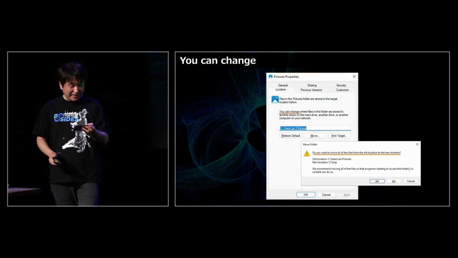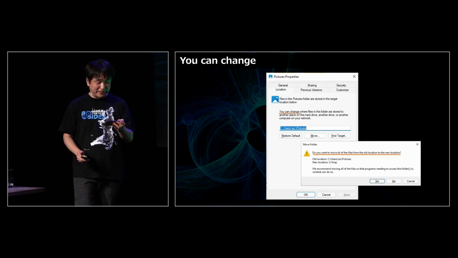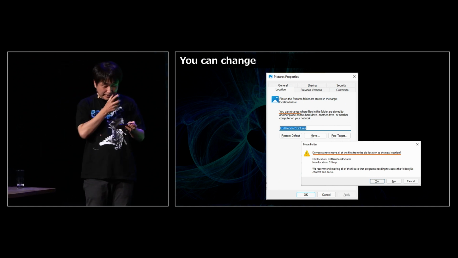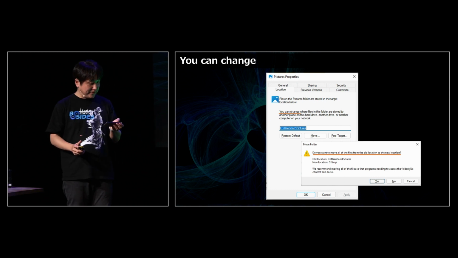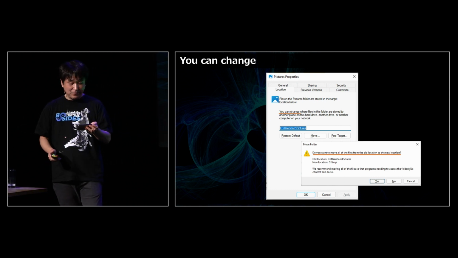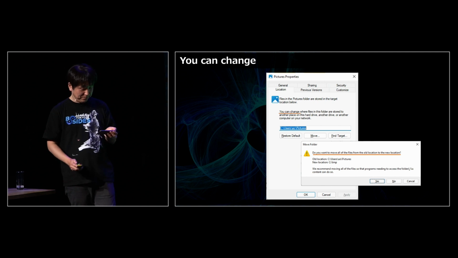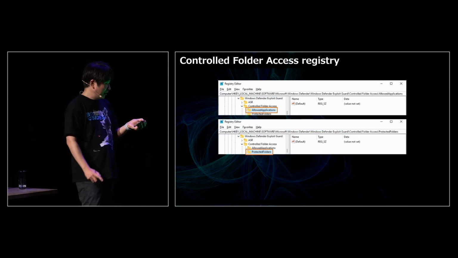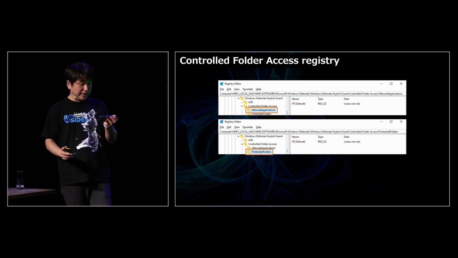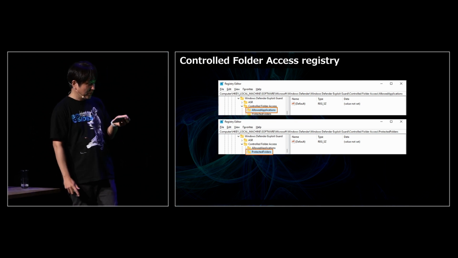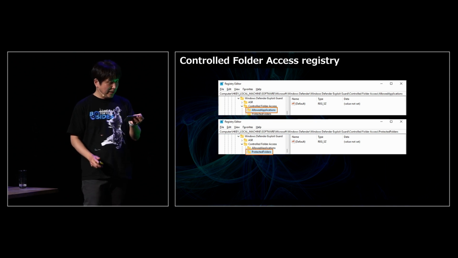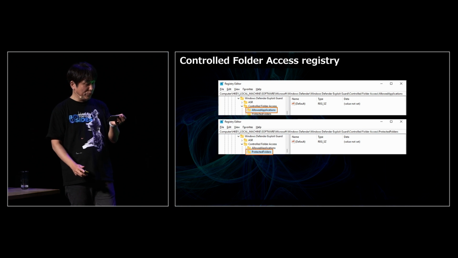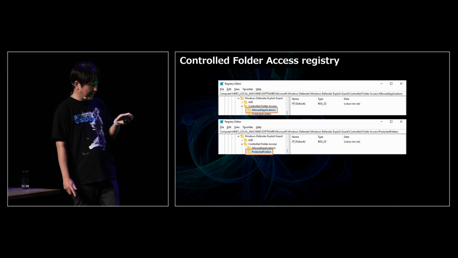If I change the location of the Pictures folder directly in the registry, I suspect that no files will be moved. If you check the Controlled Folder Access registry, you will find Allowed Applications and Protected Folders under it.